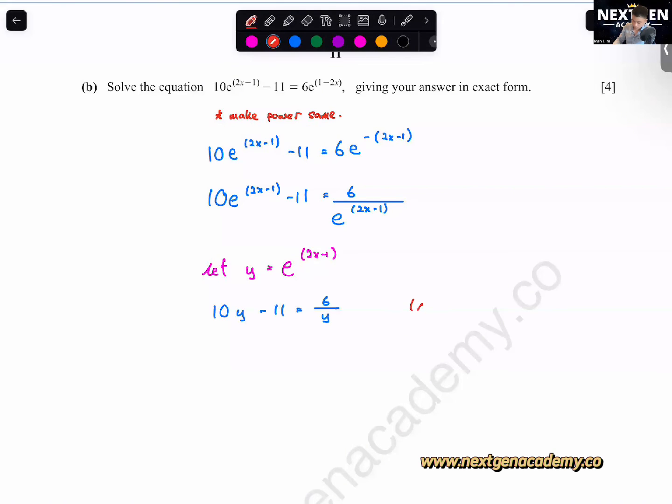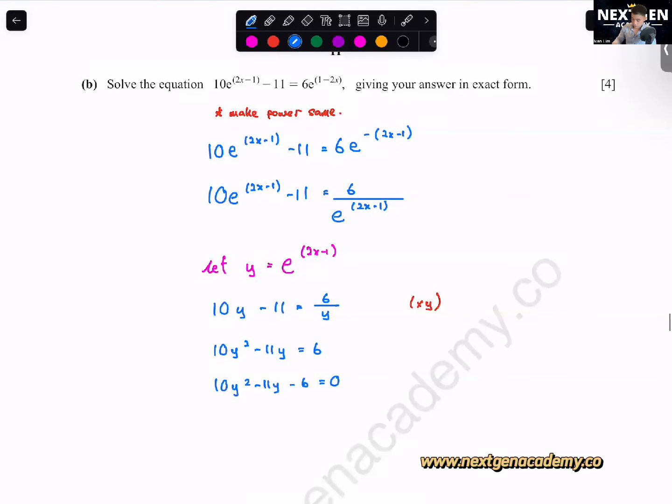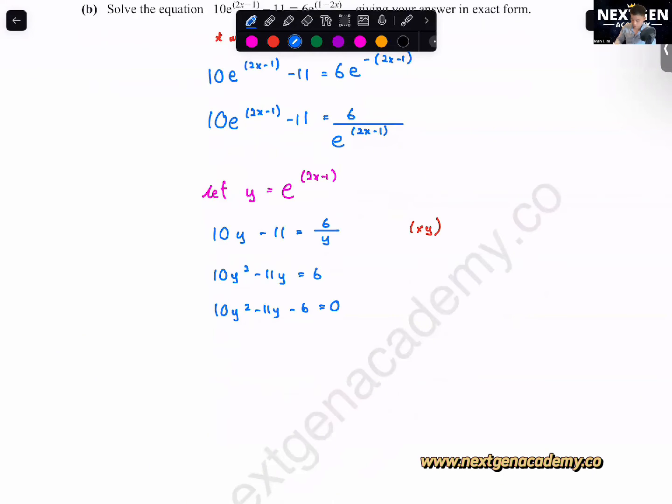Multiply the whole thing by y. So here becomes 10y squared minus 11y equals 6. 10y squared minus 11y minus 6 equals 0. Okay, factorize this, we will get 5y plus 2, 2y minus 3 equals 0.